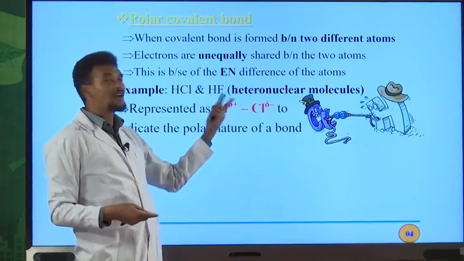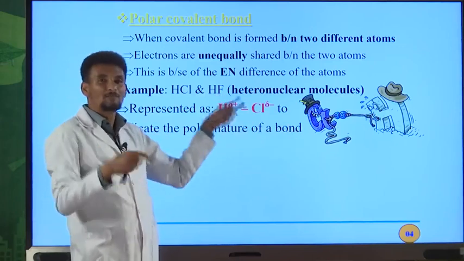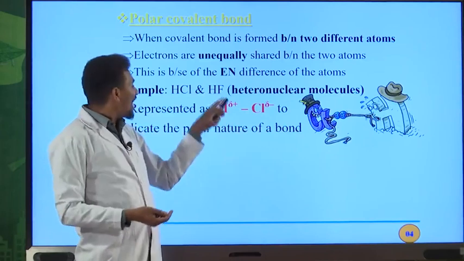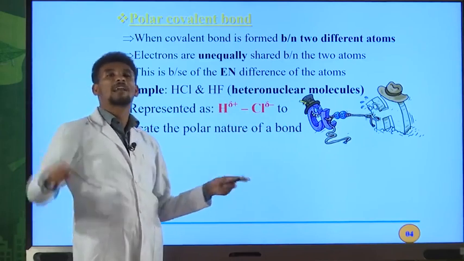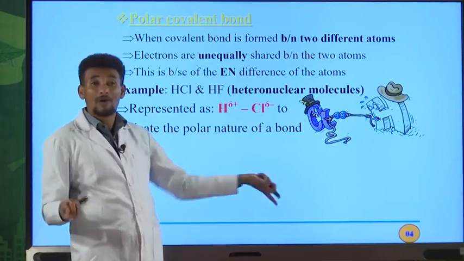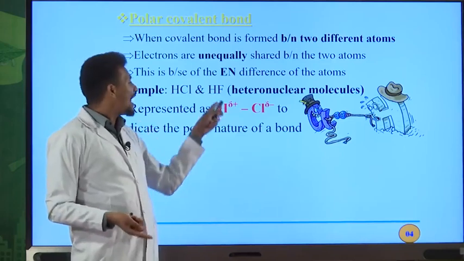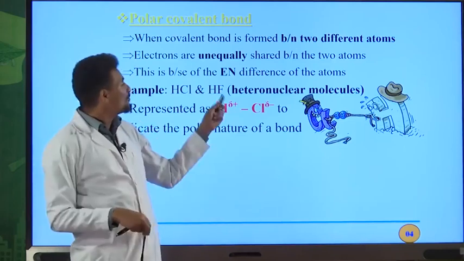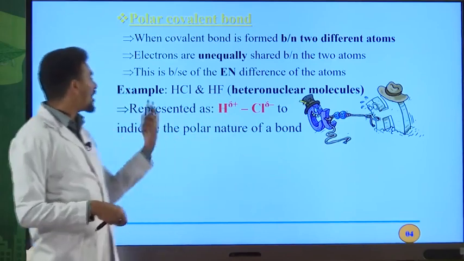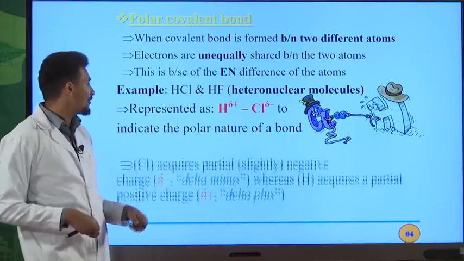Hydrogen has a smaller electronegativity compared with chlorine, so hydrogen acquires this delta positive. So it is partially positively charged.